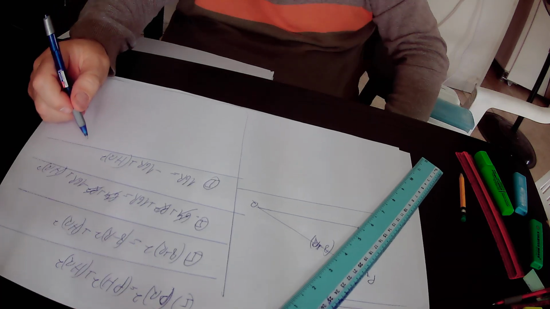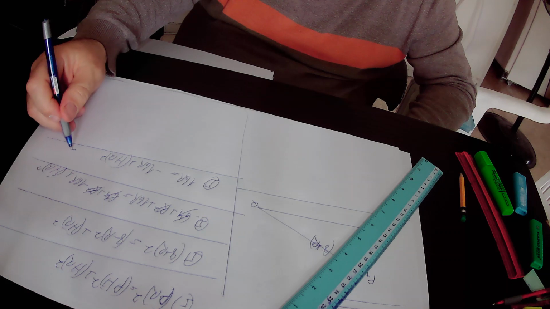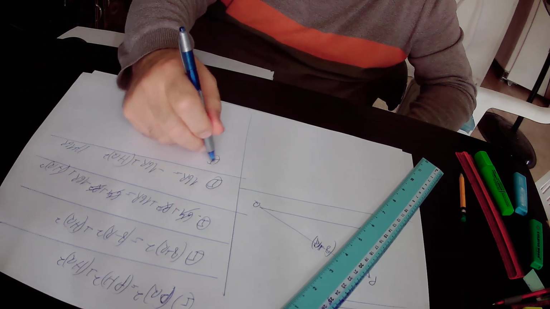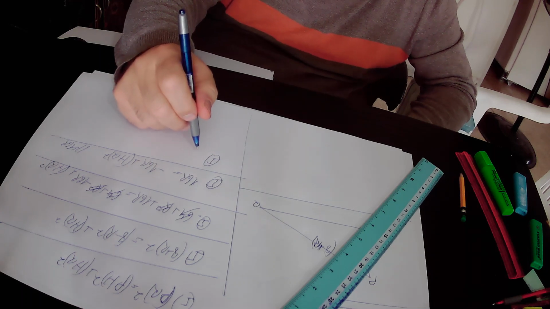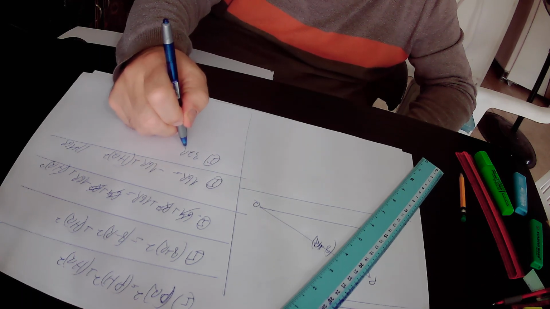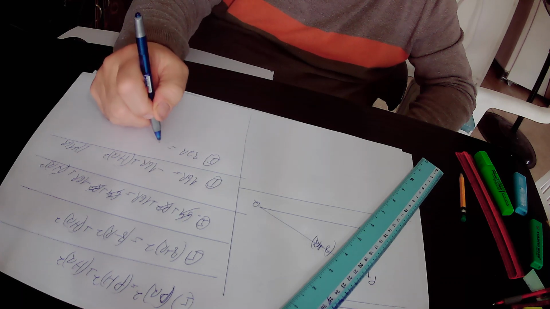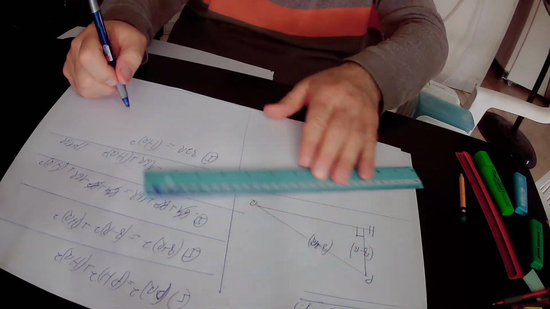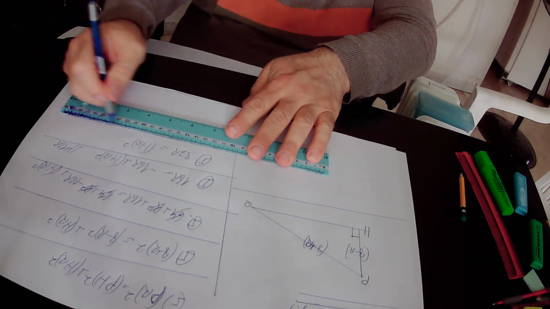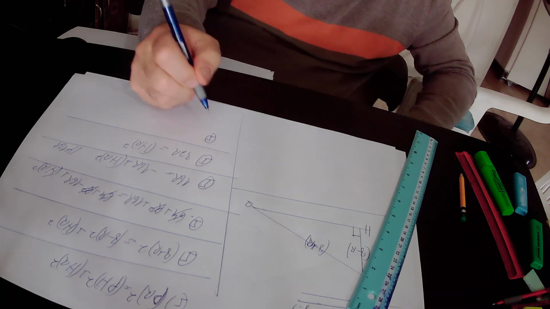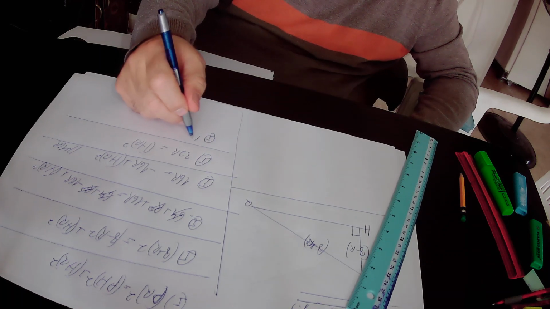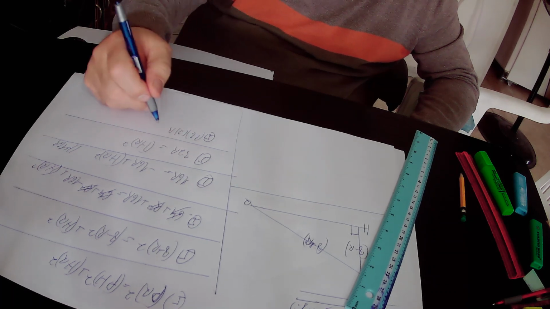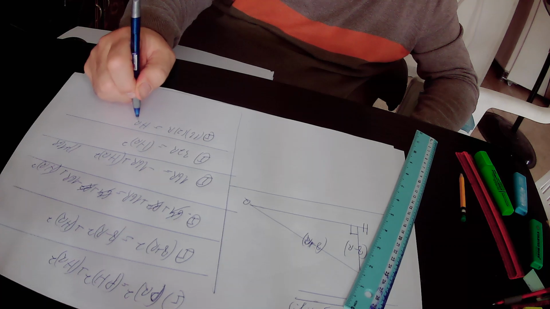So here we will add 16r to this equation, and we get that 16r plus 16r is 32r, so 32r equals hq squared. So here we substitute 32 by 2 times 16, so 16 times 2 times r equals hq squared.